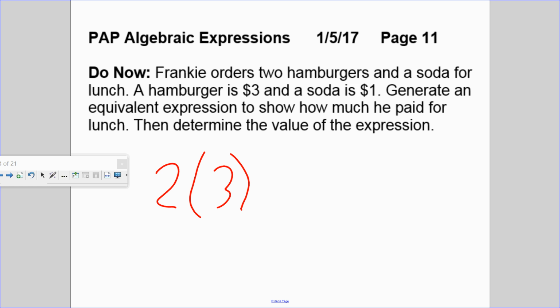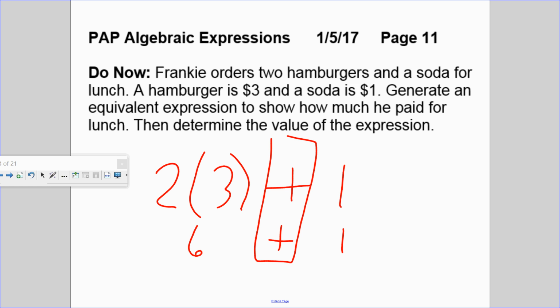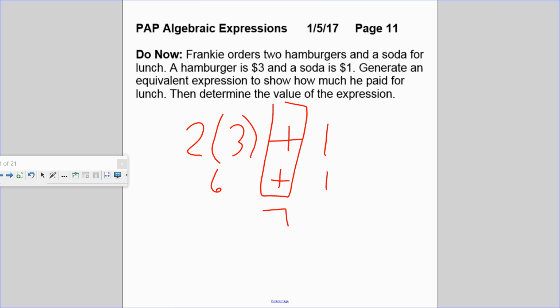Then he bought one soda for $1. So that is an equivalent expression. Order of operations, the left side is 6, the right side is 1. If you add the left term to the right term, he spent $7.